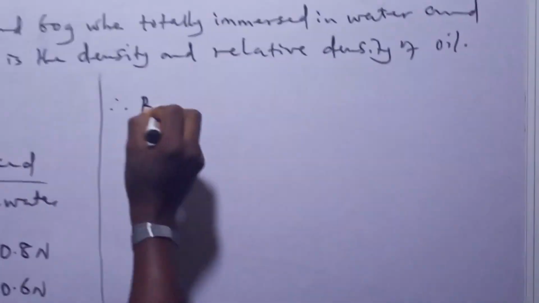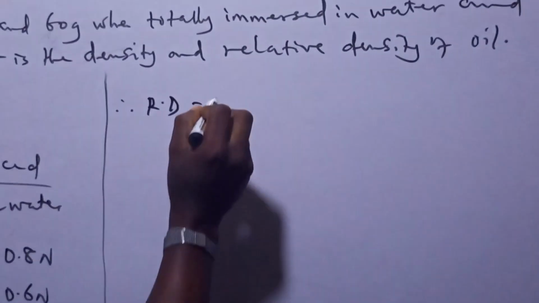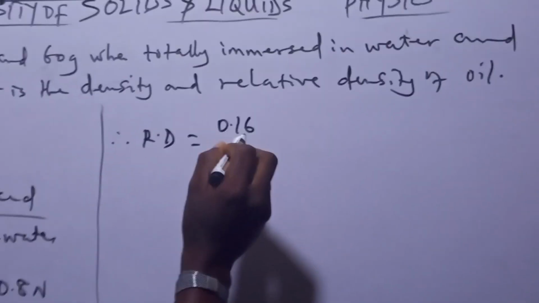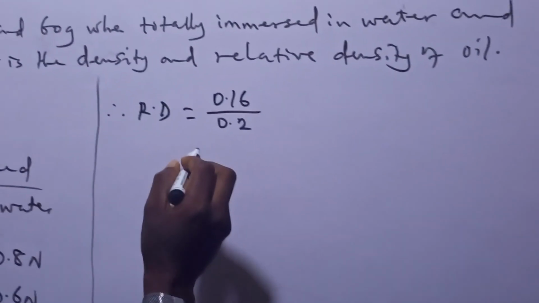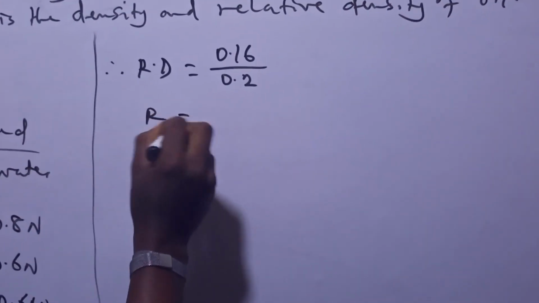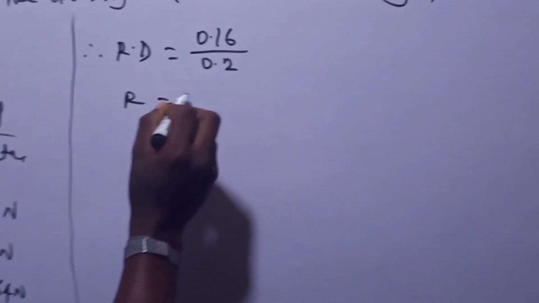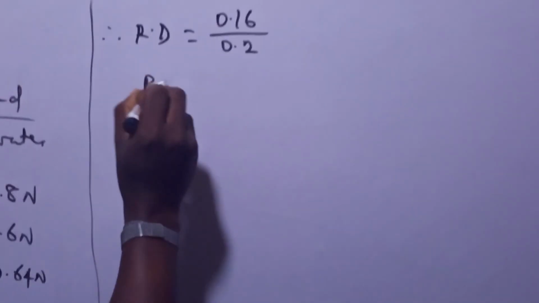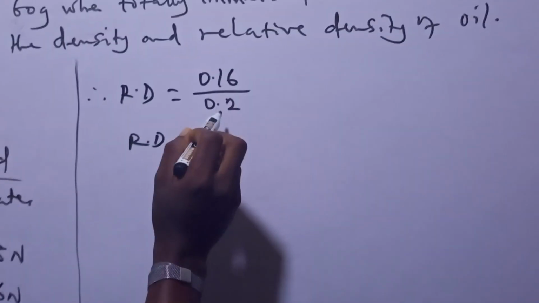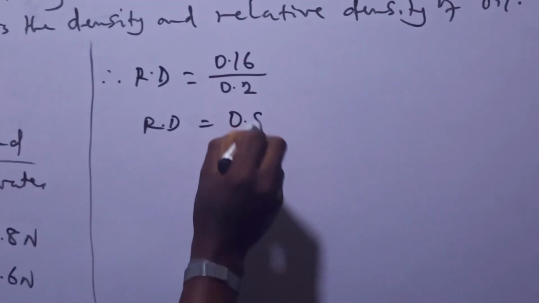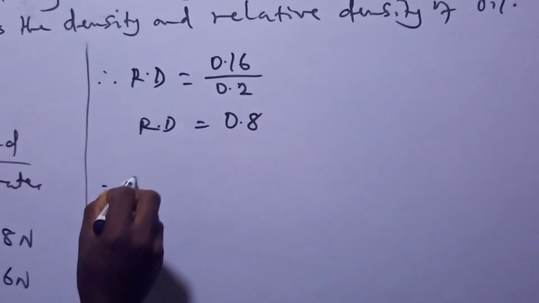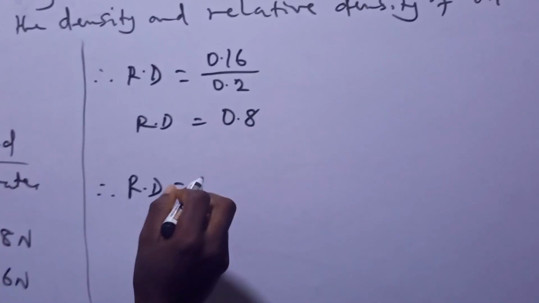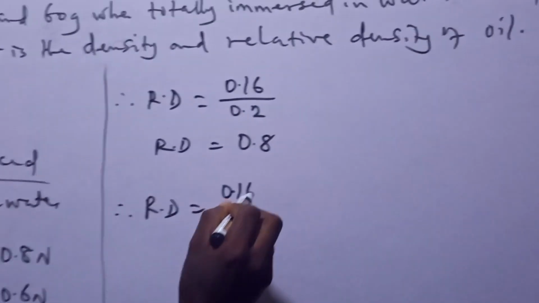Therefore, relative density, represented as RD, is equal to 0.16 over 0.2, which gives 0.8.